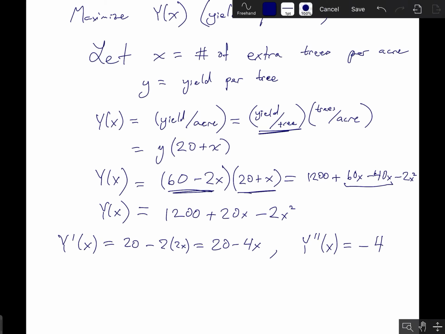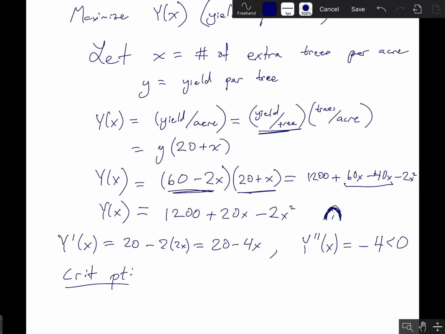Y double prime would just be negative 4. And this has negative curvature. Y is itself a quadratic function, so the graph is going to look something like this. So the critical point that we find will be the place where the local maximum, the absolute maximum, occurs.